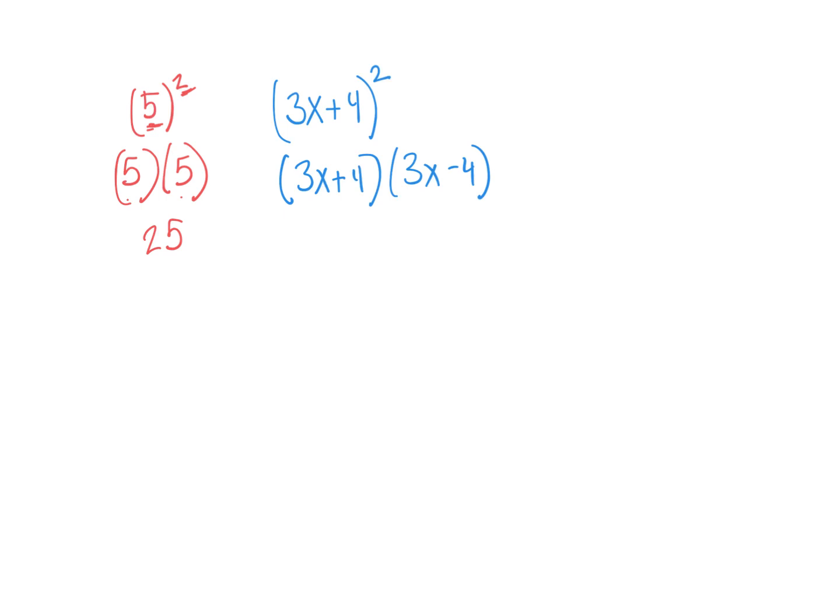And then what happens here is that if I see a binomial 2 terms times a binomial 2 terms, then what should be happening here is that I'm going to have to do 4 multiplications to get to my answer. And you decide whether or not you want to do distributive property or you want to do box. Kind of switching between the 2 methods here today to give you examples of both.